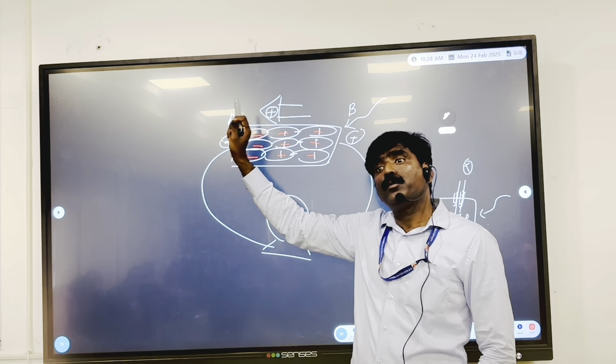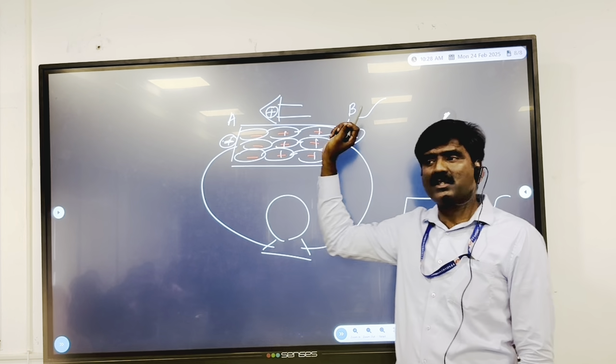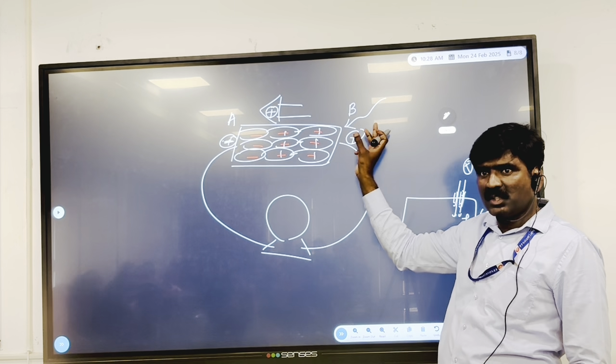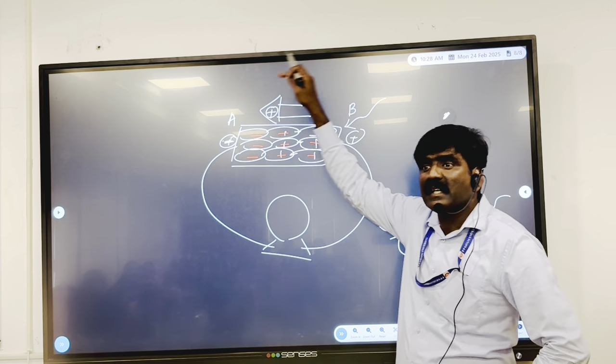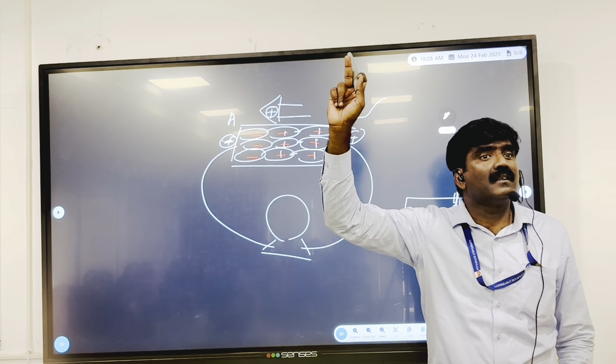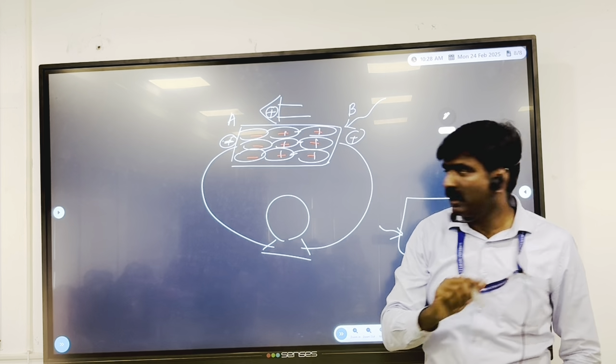Previously, the positive vector was moving towards the positive electrode. Now, because you have changed the direction of the stimulation, the positive vector is moving towards the negative electrode. Now the deflection will be negative.